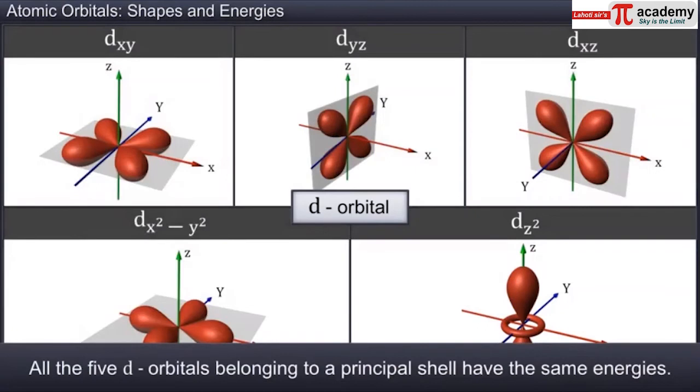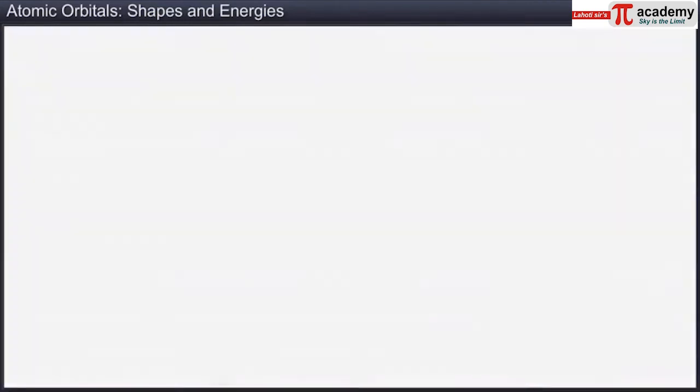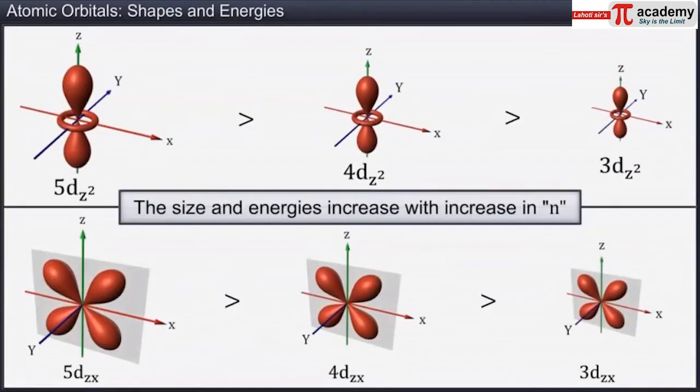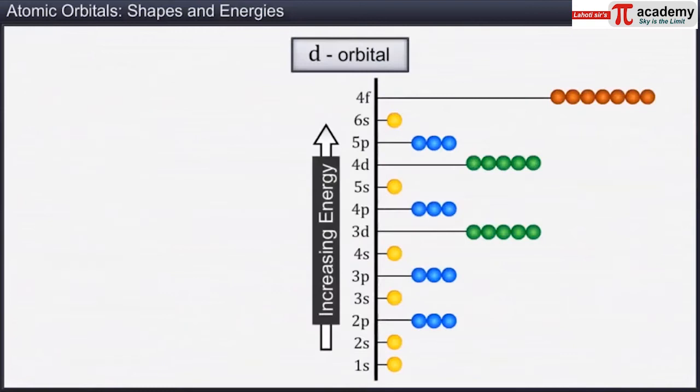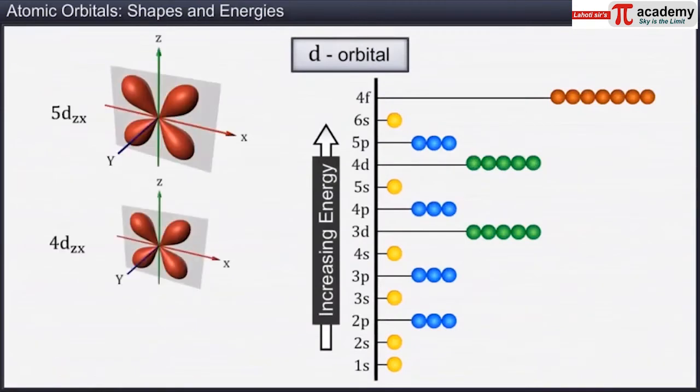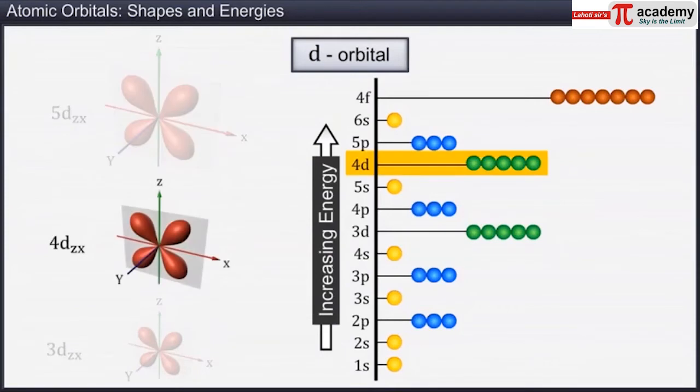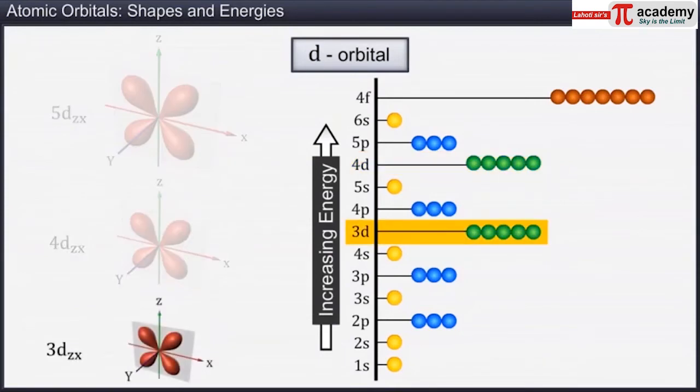All the 5 d orbitals belonging to a principal shell have the same energies. The size and energies increase with increase in the principal quantum number. For example, the order of the size and energy of various d orbitals is 5d greater than 4d, which in turn is greater than 3d.